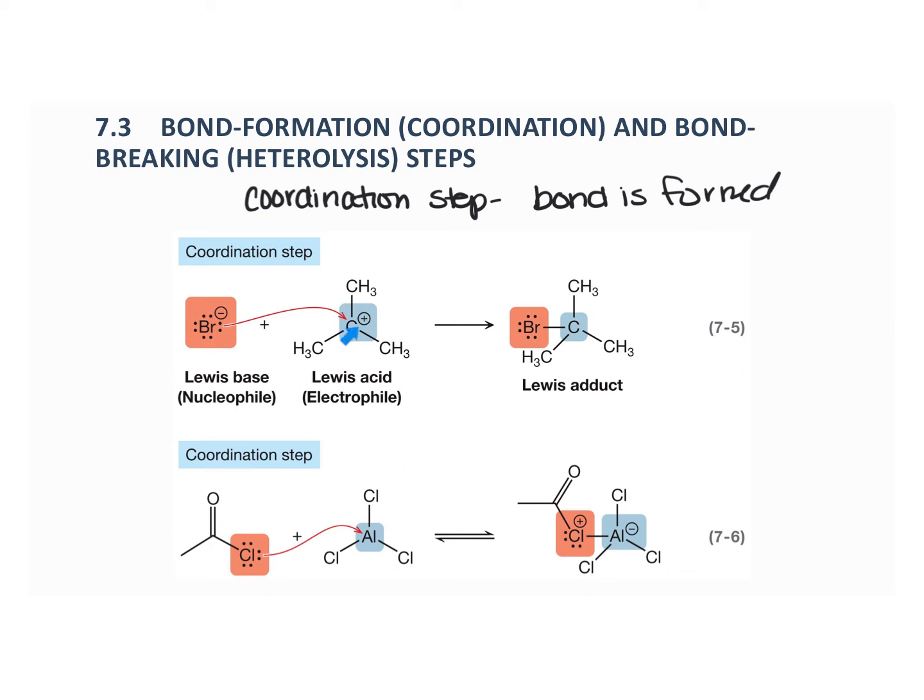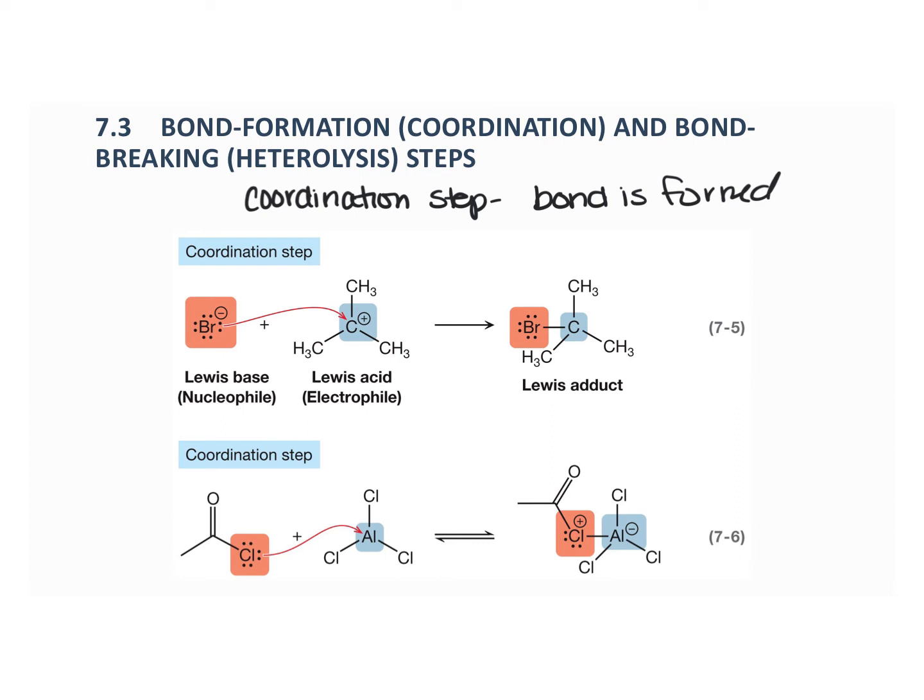CH3, C plus, that positive there, tells us it's electron-poor. It also lacks an octet, and it's got that positive formal charge. So negatives and positives like each other, and we're going to show how these electrons come over and attack this positively charged carbon to form the new bond here. Use your arrow to show you the new bonds that are going to be formed.